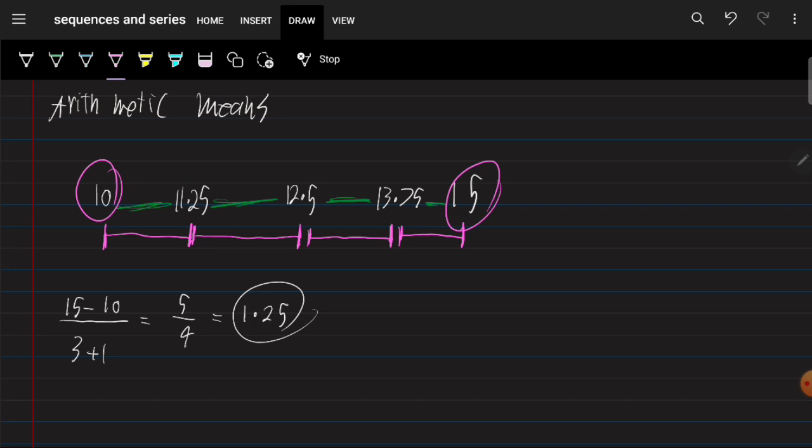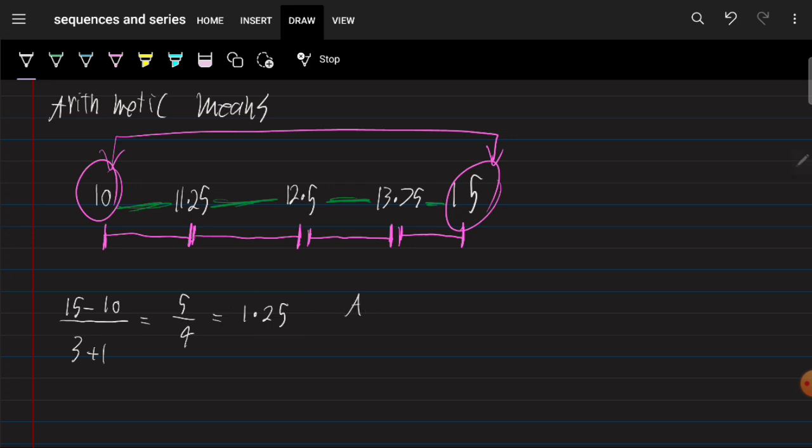Okay, and the method we used was to take the difference between the 2 outer numbers, divide it by 1 more than the number of arithmetic means we want, and use that number to generate the arithmetic means. So to finish things up, I'll try to put this in a little formula for you guys, and we will call it a day after that.